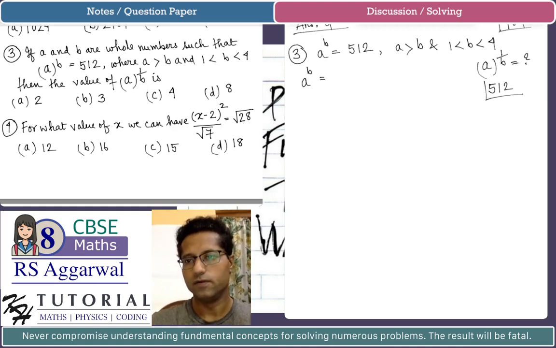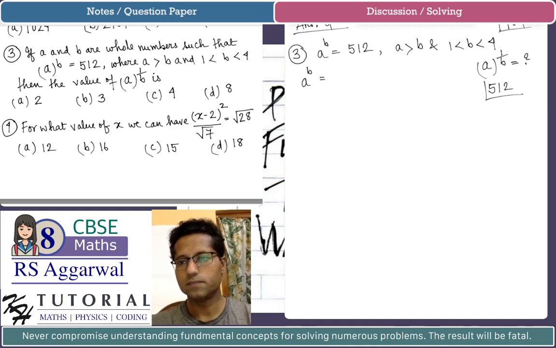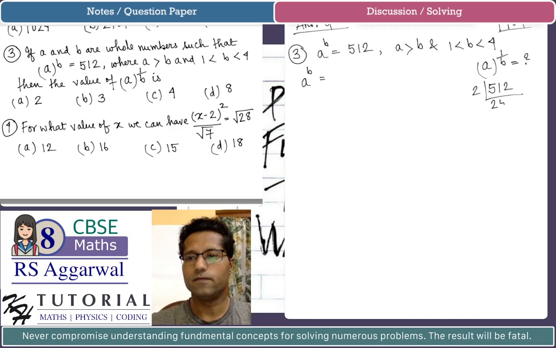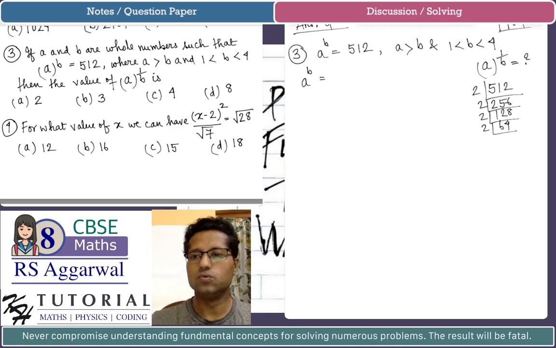Let's divide it by 2. So this is 256, and this is 128, and this is 64, and this is 32, and this is 16, 8.